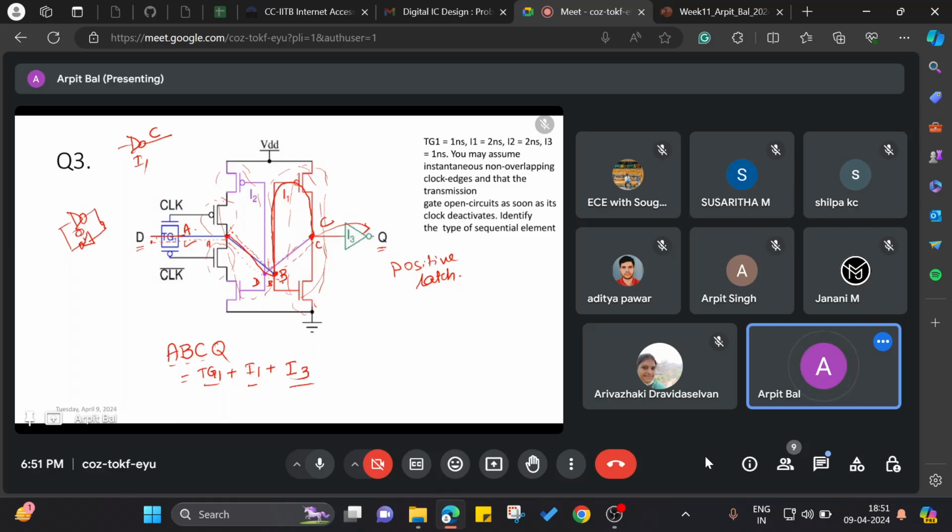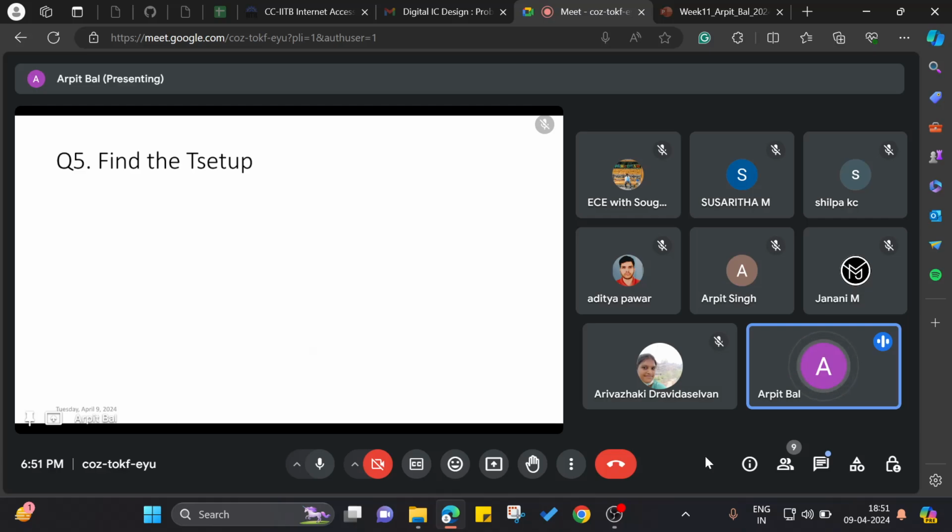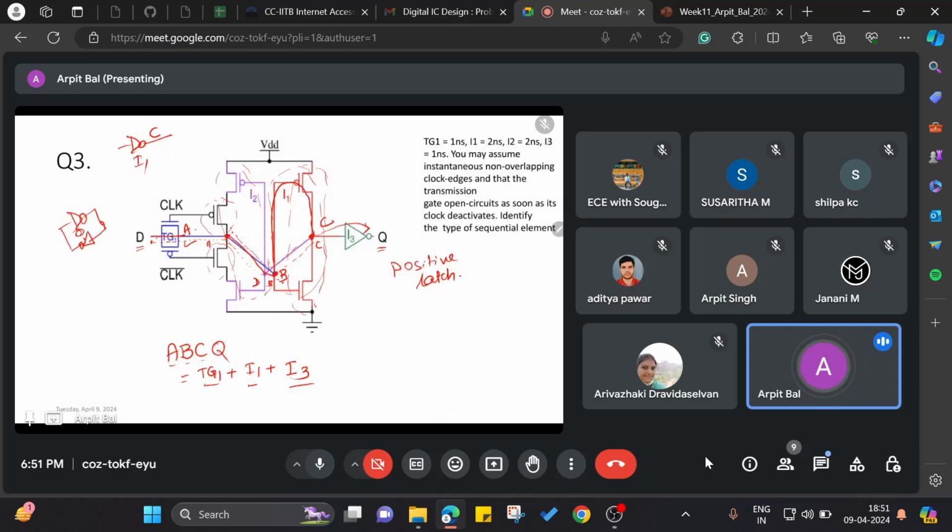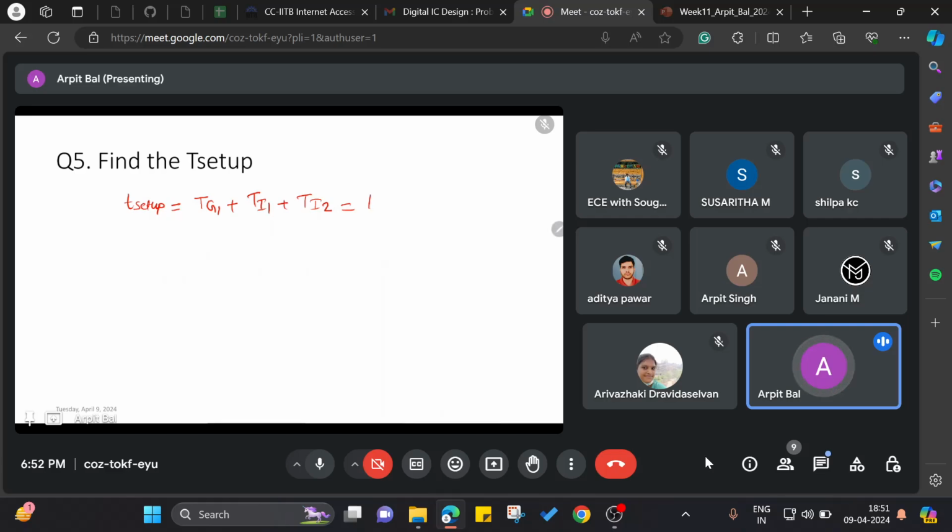So my T setup will be equal to Tg1 plus Ti1 plus Ti2. Tg1 is 1 nanosecond, Ti1 is 2 nanosecond, I2 is 2 nanosecond. So 1 nano plus 2 nano plus 2 nano, that is 5 nanoseconds.